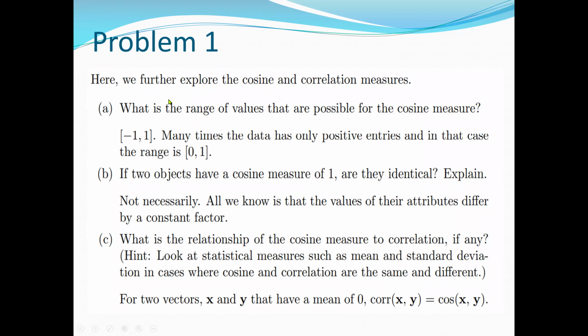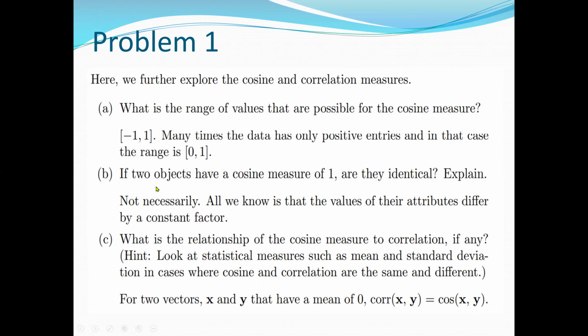Let's go through a few examples. Here we further explore the cosine and correlation measures. The first question is, what is the range of possible values for the cosine measure? It should be between -1 and +1. Many times the data has only positive entries, in which case the range is from 0 to 1.